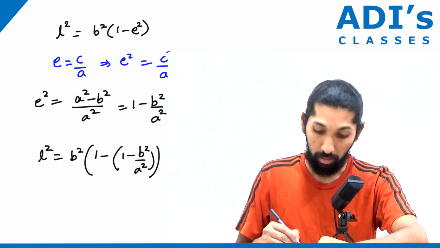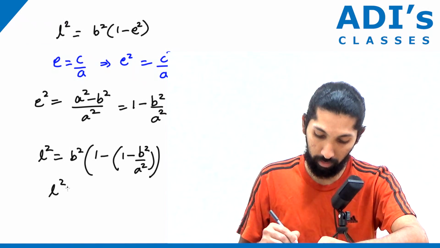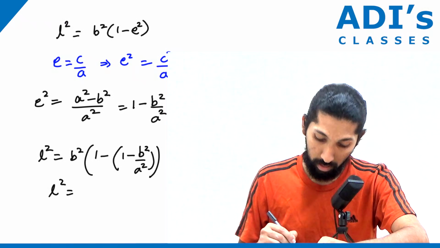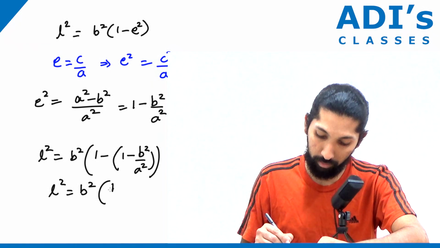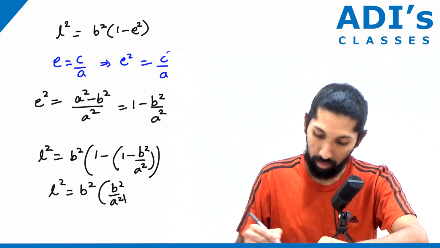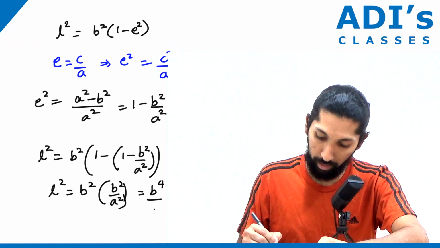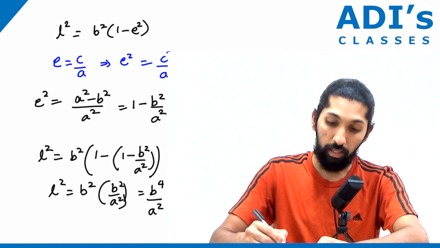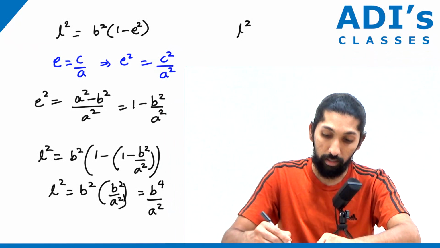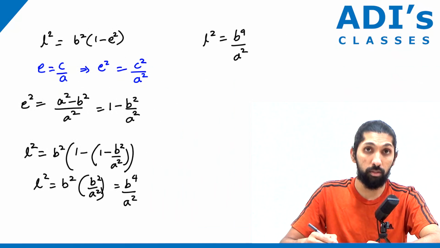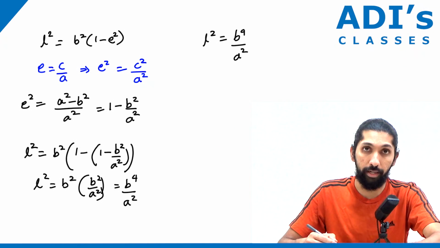correct? Now, the 1 and 1 get cancelled. You get b square into b square by a square, which becomes b power 4 divided by a square. If L square is b power 4 by a square, then we'll take the square root because we need the value of L, right?